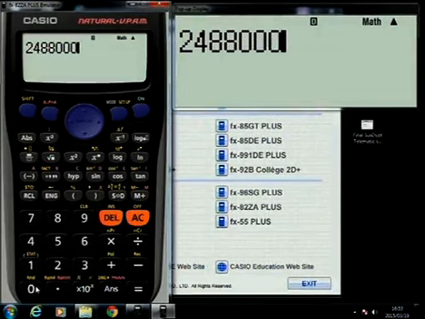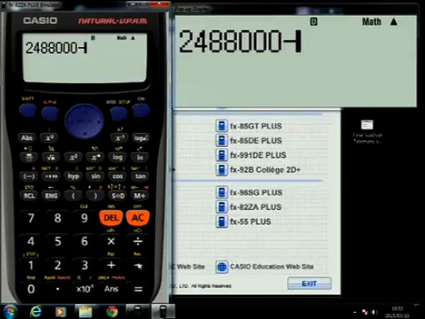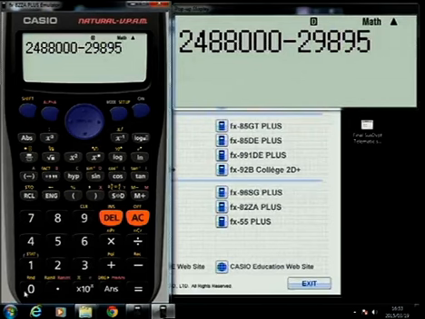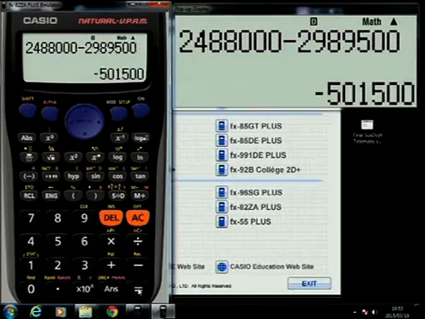And there was a net change of 2,989,500, but it's in brackets, meaning it's an outflow, so we have to minus the 2,989,500, and you get a negative 501,500 like we have at the bottom.